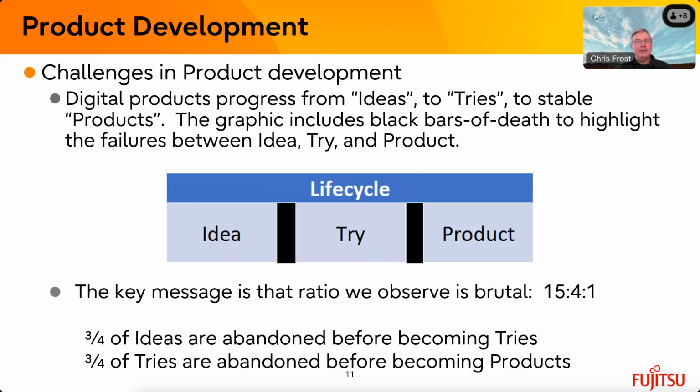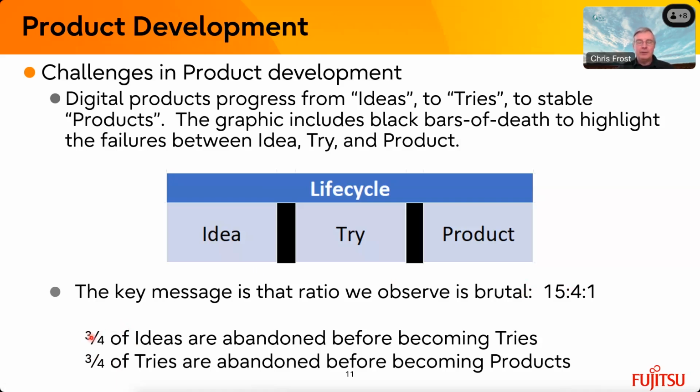The key message is that we've got some really interesting observations from one of our members, that the ratios they've been seeing through these stages are about, as you can see on the screen, 15 to 4 to 1, meaning that very roughly three quarters of ideas are abandoned before becoming tries.